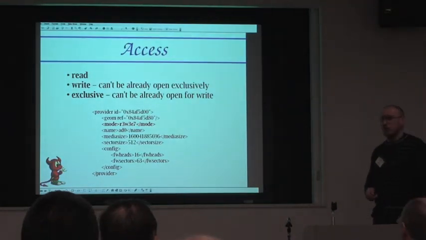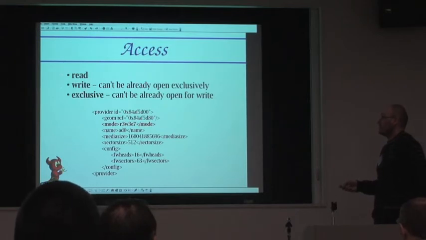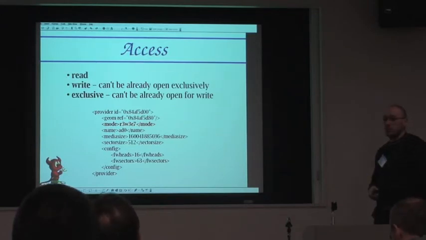We can open GEOM providers, of course, for reading. We can open GEOM providers for writing, and also we can say that we want this provider to be opened exclusively, which means once we open a provider exclusively, no one can open it for writing anymore.